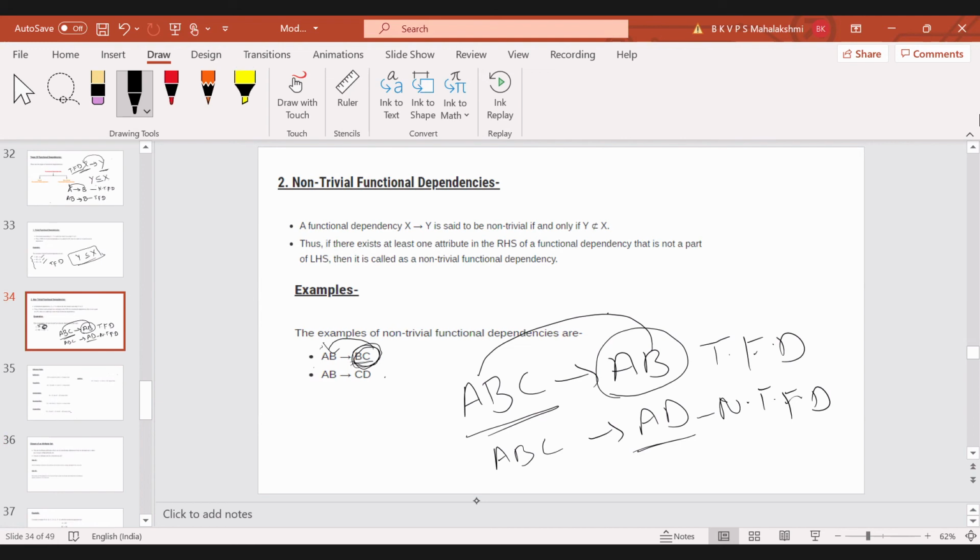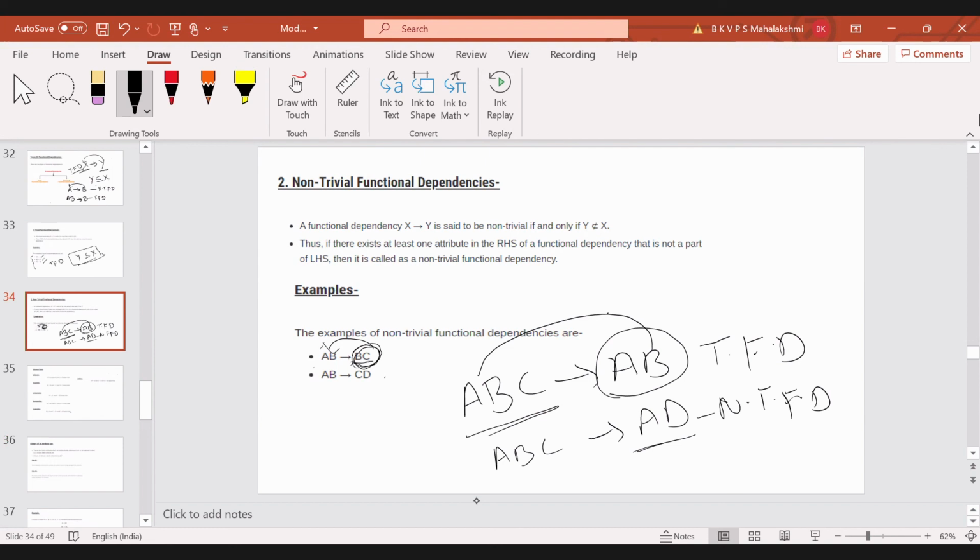The first property is that it should be in 1NF, and the second is that all the non-key attributes must be fully functionally dependent on the prime attribute. But how can you know that? If it is a theoretical example, like student, and I mention the attribute student ID, then you can say all the remaining attributes are non-prime because it is the prime attribute. So like that you can tell.